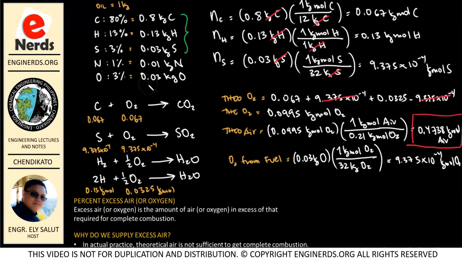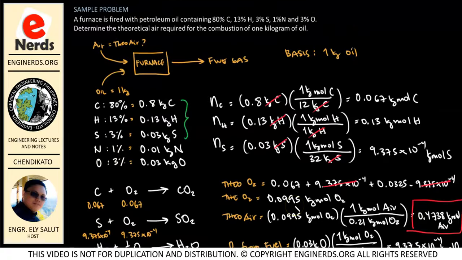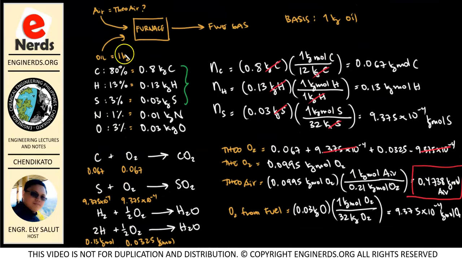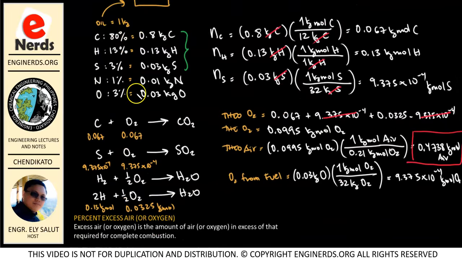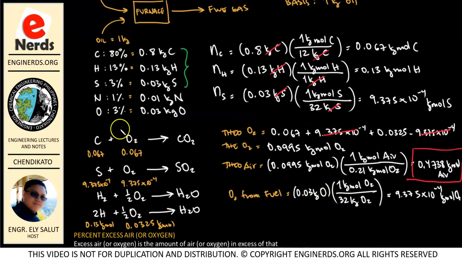Okay, so nakita na ninyo kung paano natin ginamit yung oxygen na naandito sa ating fuel mismo to get the theoretical air. Okay, kasi kung wala tayong oxygen dito sa ating fuel mismo, so we just need to add lahat ng oxygen natin dito. Pero dahil meron tayong oxygen na naandito sa ating fuel, we need to subtract that dito sa ating mga oxygen na gagamitin.